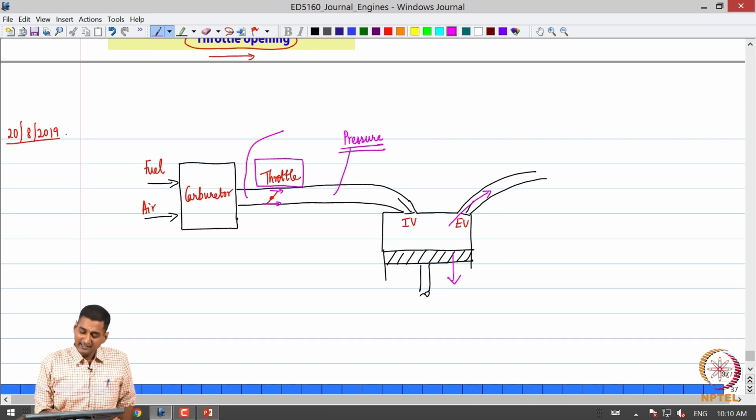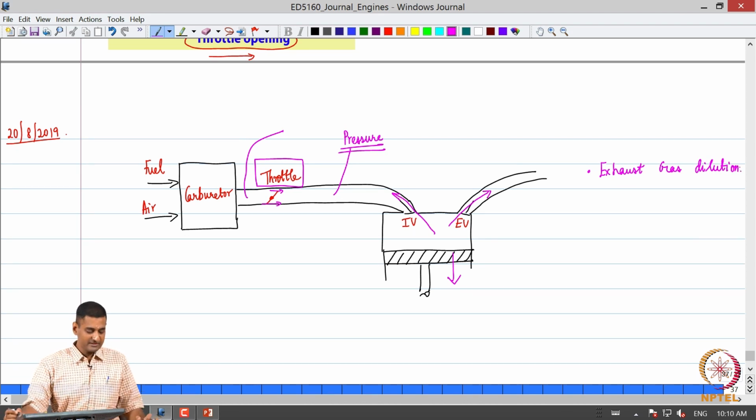During idling this time interval is also a little bit higher because the speed of the engine is low. So, the exhaust gas pressure is high and the intake manifold pressure is low. What can happen? The exhaust gases can also get into the intake manifold and there can be significant exhaust gas dilution.